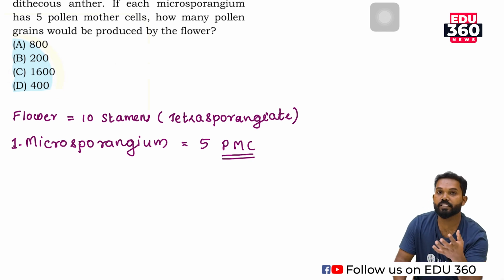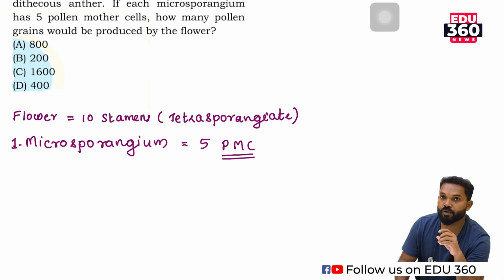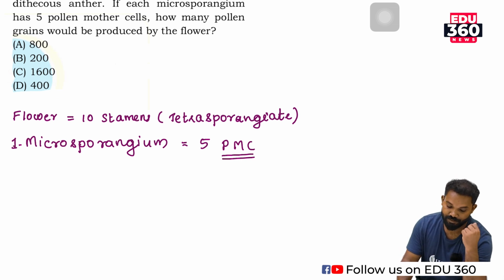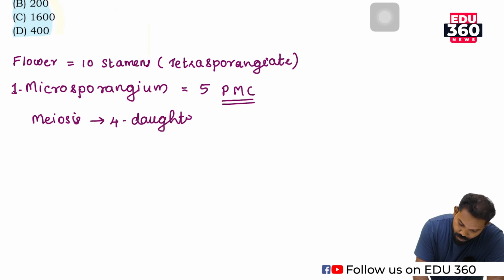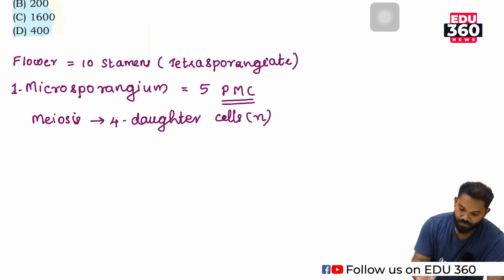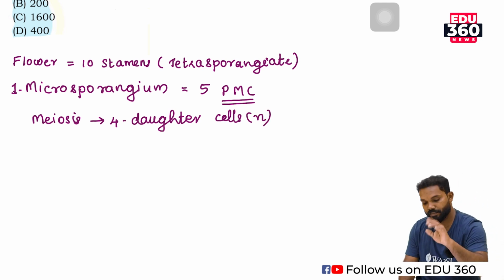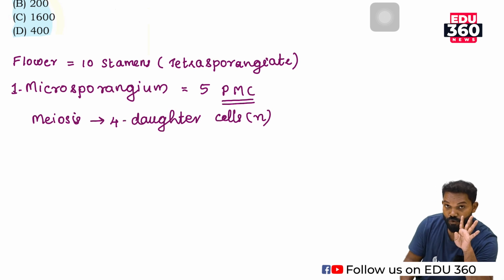After meiotic division, each single mother cell produces 4 daughter cells. That means the product of meiosis is 4 haploid daughter cells. So if one pollen mother cell is present, it produces 4 pollen grains.